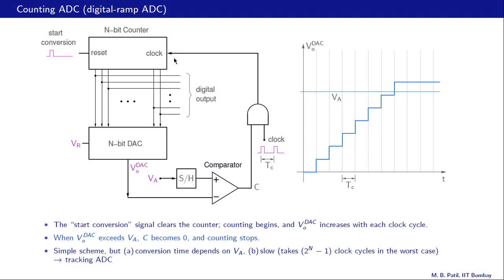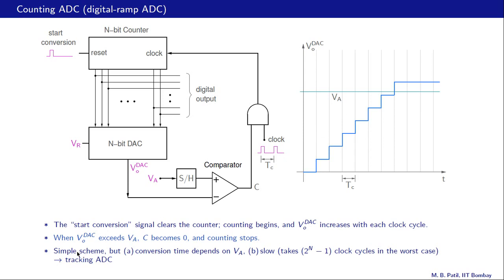Now at this point, the binary number that we have here in the counter is the digital output that we are looking for. If VA was larger, for example somewhere here, then this counter would count for some more time and then stop. So that is how this counting ADC works.